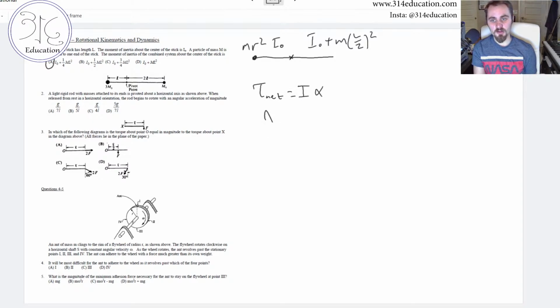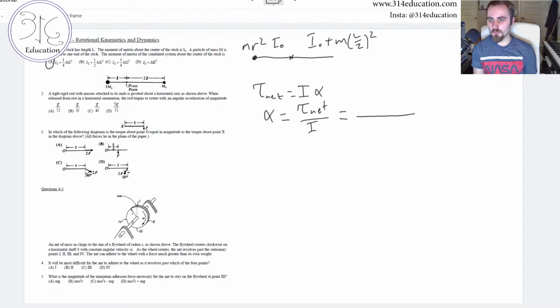So to solve for this, that's then just going to be our alpha is equal to our net torque over our moment of inertia. I think the fact that they say it's a light rod, and they don't give us a mass of the rod, means that we just treat these as 2 point-like particles.